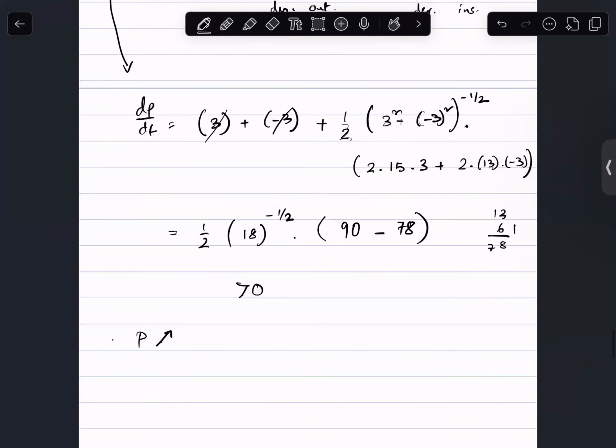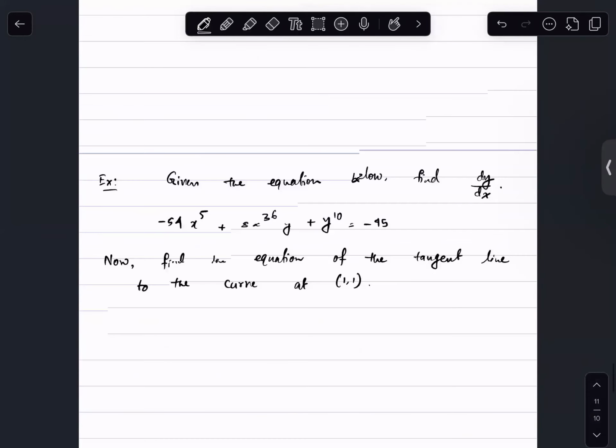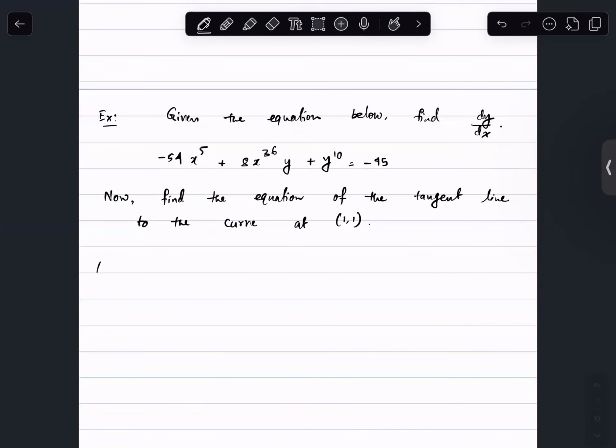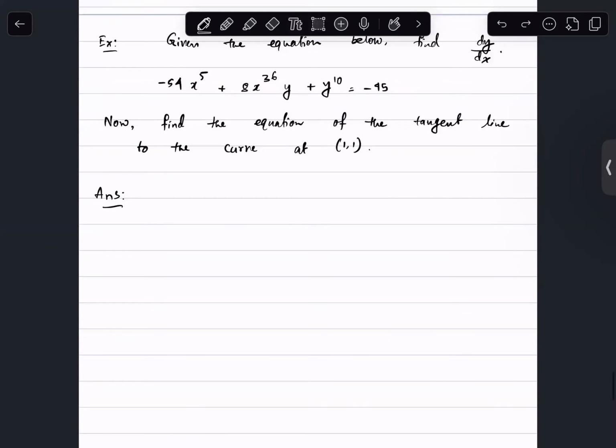Okay. I have one more problem, but I'll just sketch the problem here. So you got the equation as this big quantity given to you. So what you have to do is, the first step is you just take the derivative with respect to x, because here you have to figure out the tangent line.